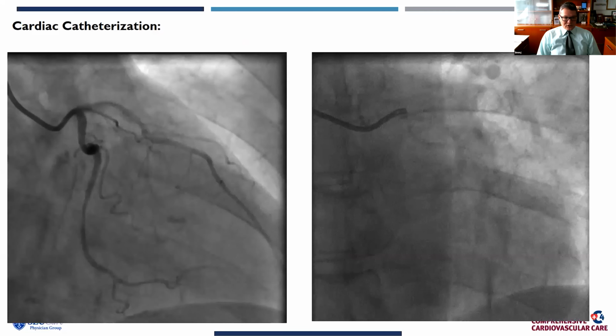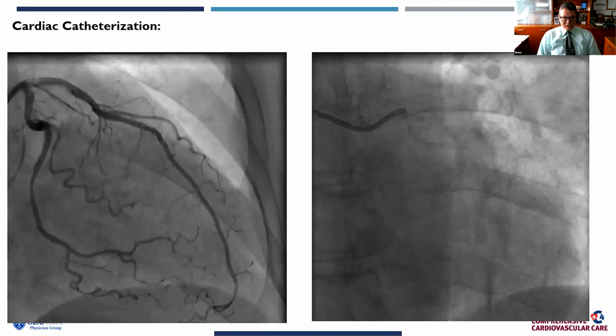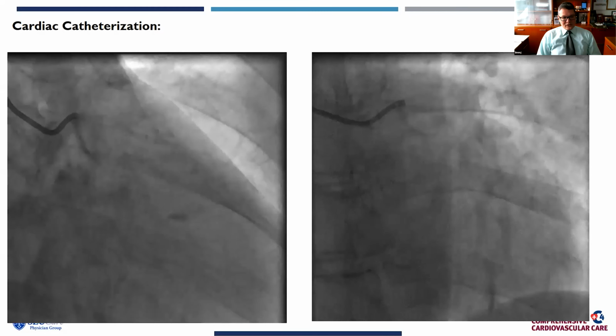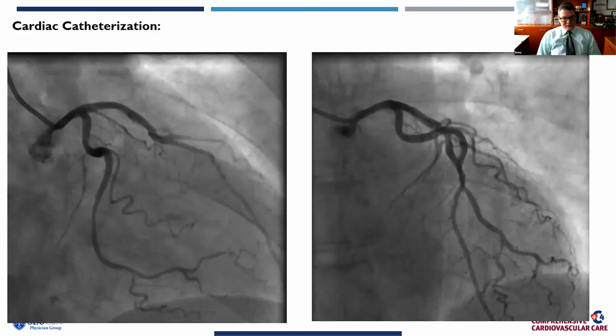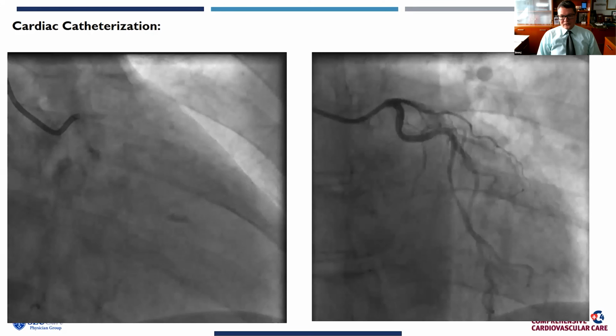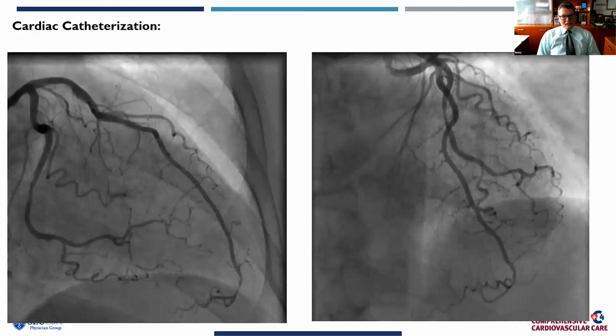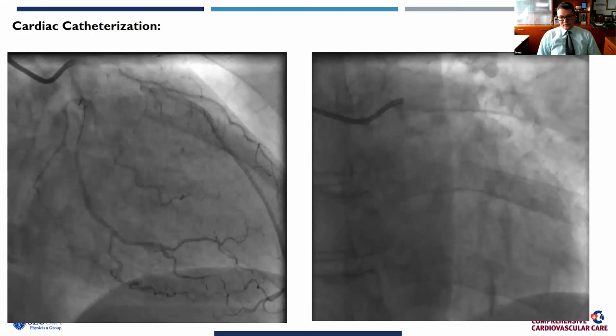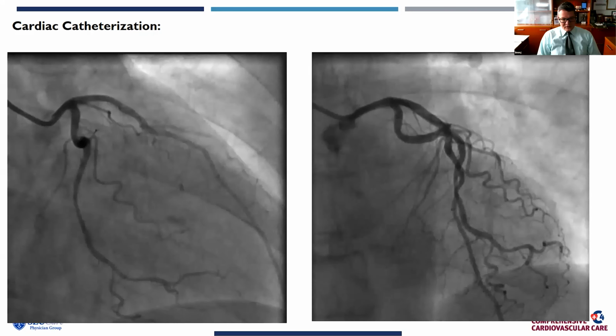The heart catheterization then ends up showing an intermediate lesion in a pretty significant OM branch, and an intermediate lesion in the proximal LAD with some calcification in the proximal vessels, as was confirmed in the CTA.